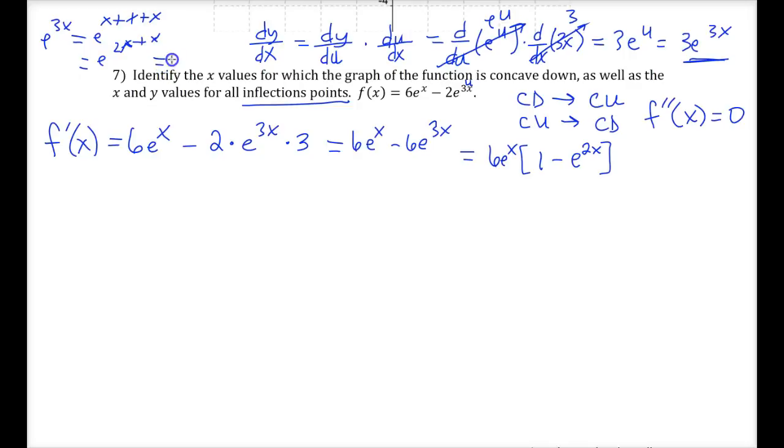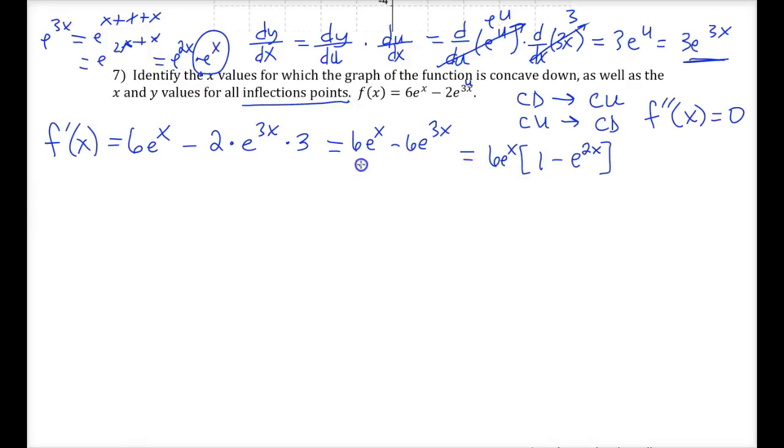And I know that I could rewrite that as e to the 2x times e to the x. And of course, I just factored out this one factor of e to the x there and left the e to the 2x remaining. So that is how we get what our first derivative is.